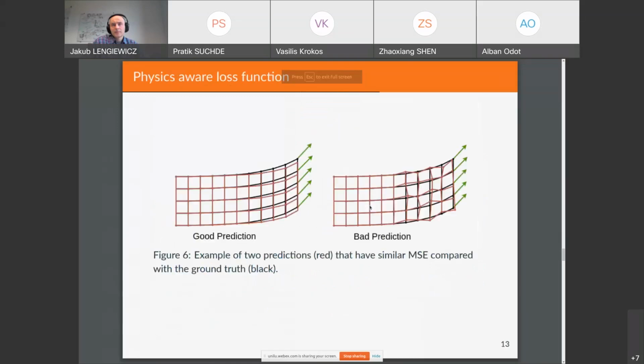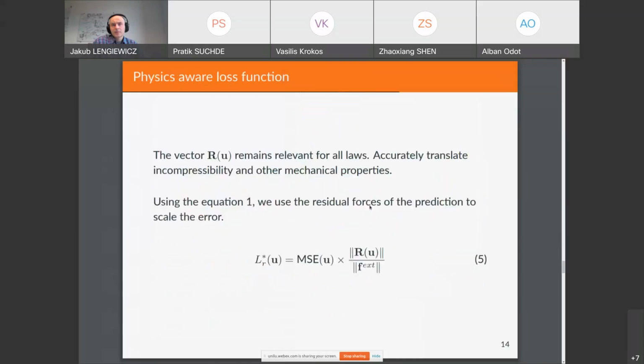Maybe 14. Yes, exactly. So this is not a standard error function that you normally use in the supervised training of your neural network. You have some additional term R, which is physics-based, which expresses your balance equations.